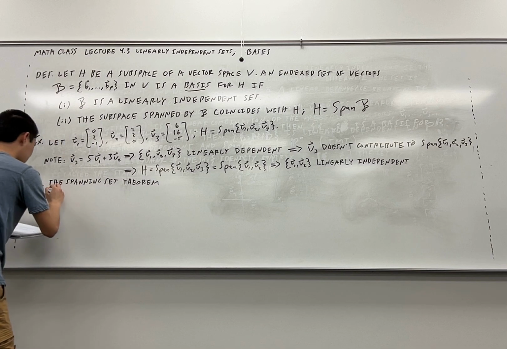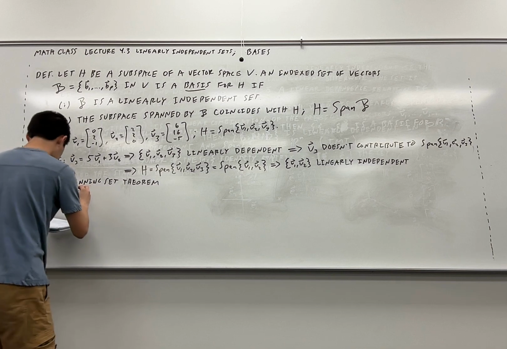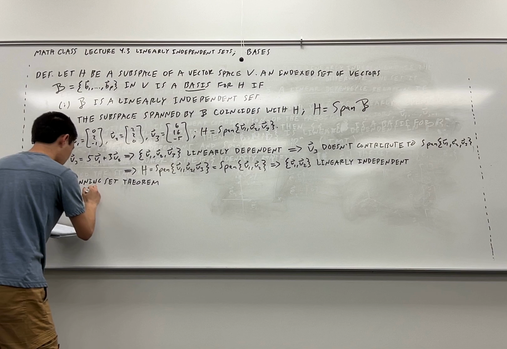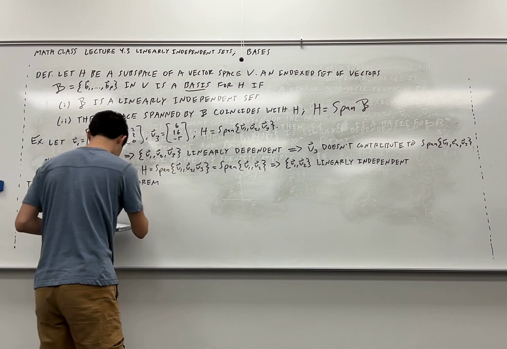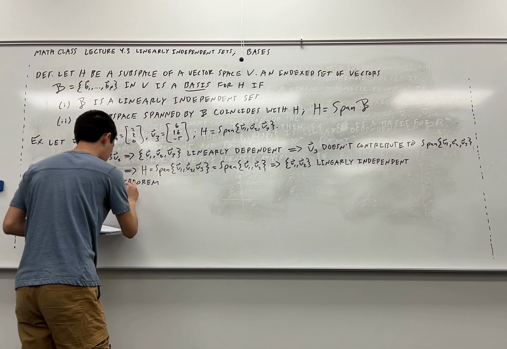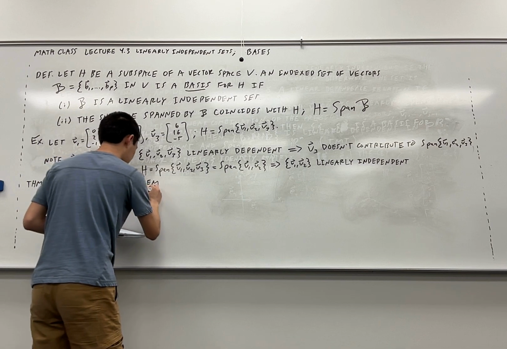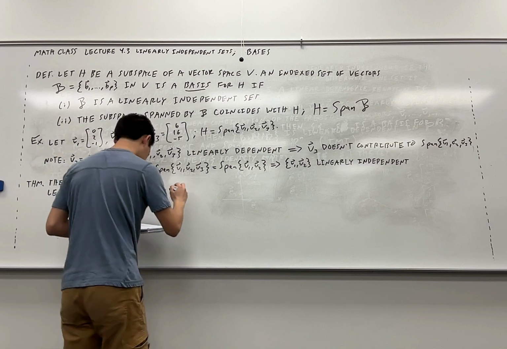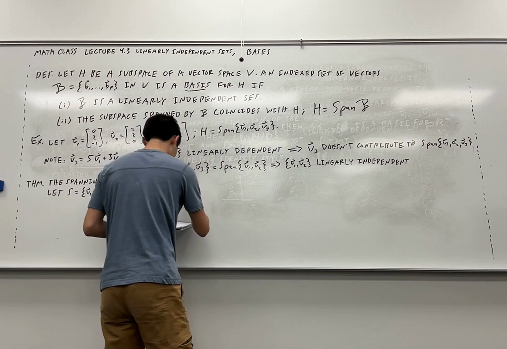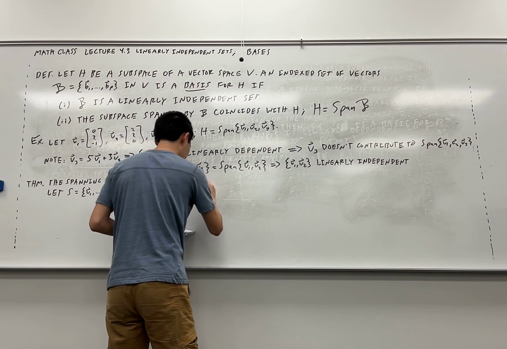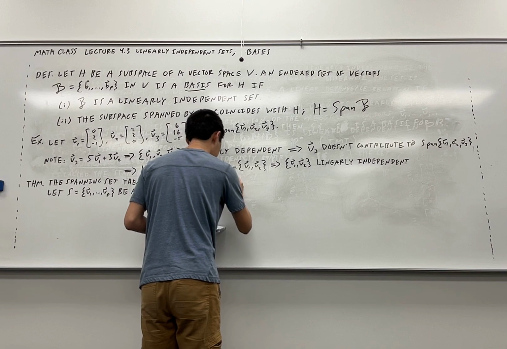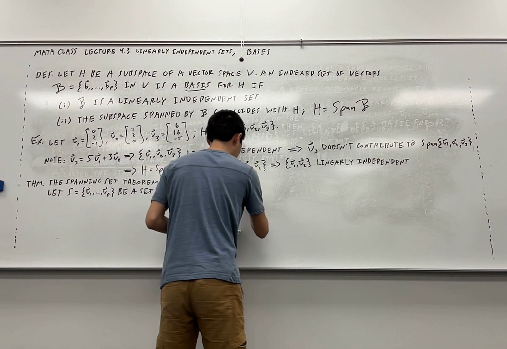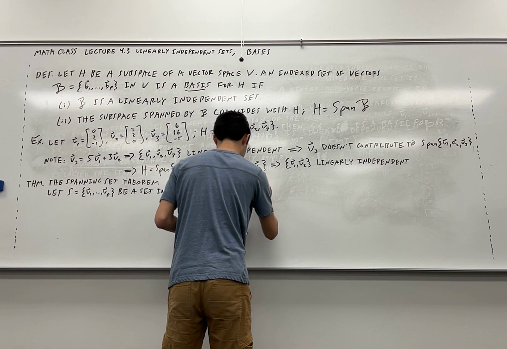Which is going to say this: let S be denoting some set of vectors v1 through vp, and this be a set in some vector space V. Then we also want to let H be the span of those vectors, v1 through vp.